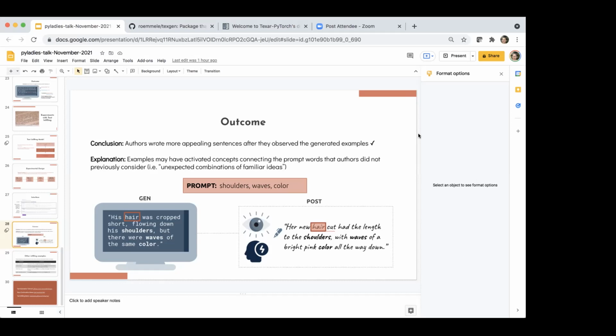And people definitely favored the ones that were written by people as opposed to the machine. But within that, they preferred the ones that were written after people saw the generated output. So it's really interesting because people are clearly extracting something from the generated output, and there's still more research to be done to understand this process. But it's clear they're not just seeing the generated output and doing a copy paste or anything like that.